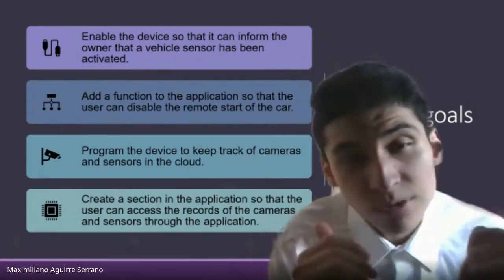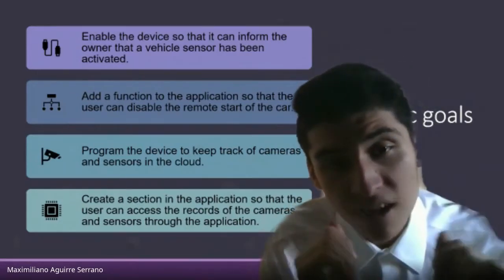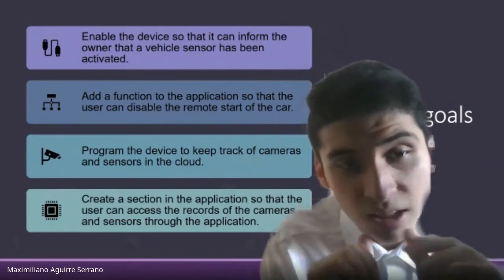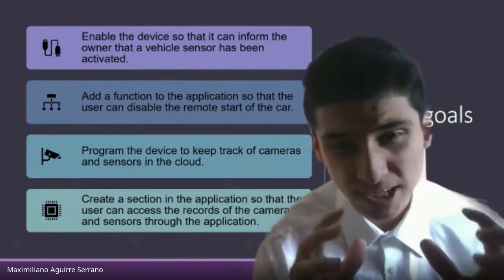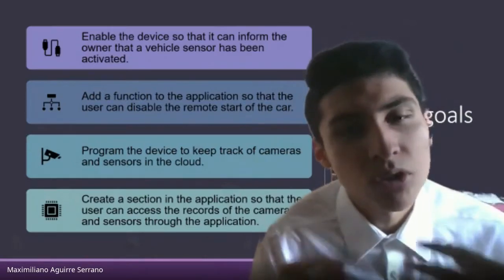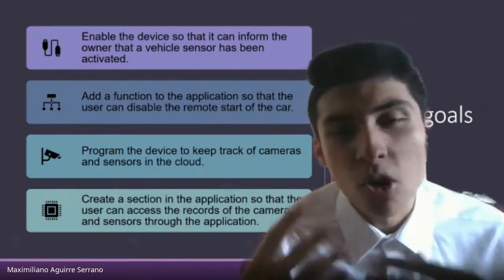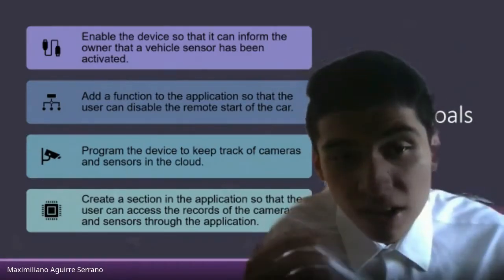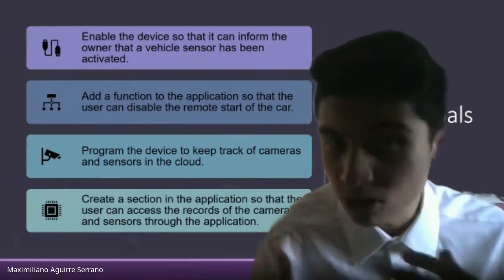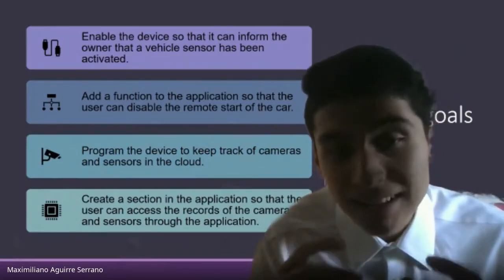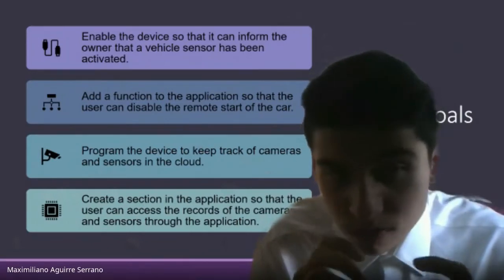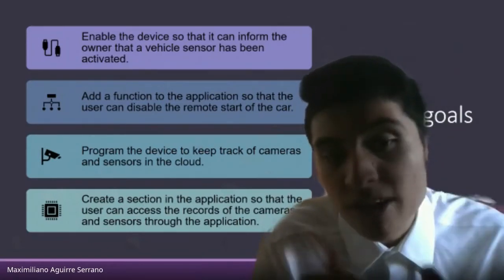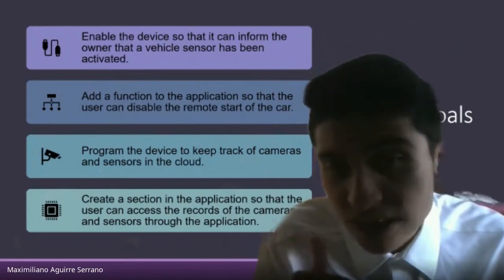Here, the prototype will have a sensor system that will detect when there is danger. The system is composed of a microcontroller, and through communication protocols it will communicate with the application that we are going to develop.